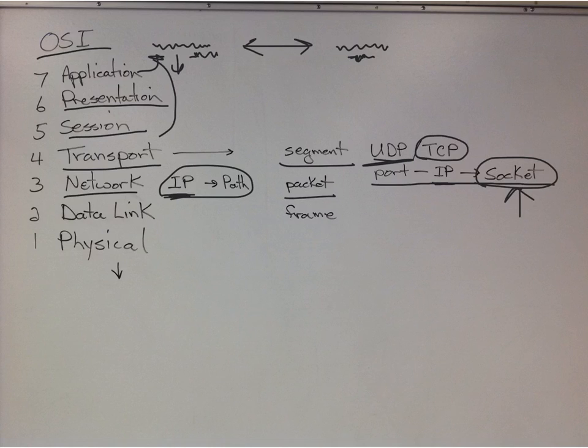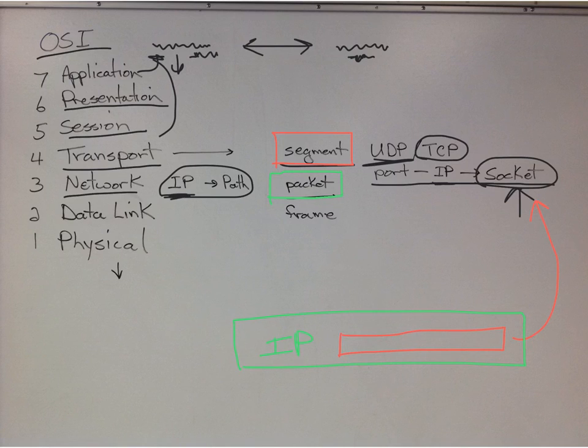So we take, let me just show this. Let's say the segment's in red. So we have a segment here with all of this information in it. Then we create a packet. A packet takes the segment and encapsulates it. And now we have IP addressing.